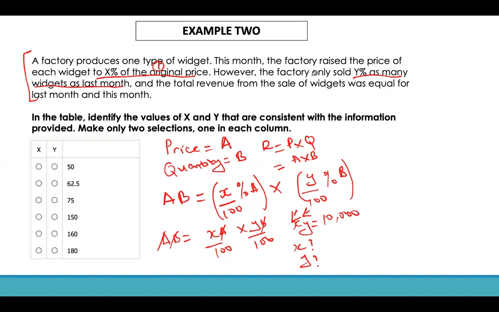However, the factory sold Y% as many widgets as last month, meaning in this case Y, our quantity, is below 100. It's only a percentage of last month, meaning the value of Y will be less than 100.